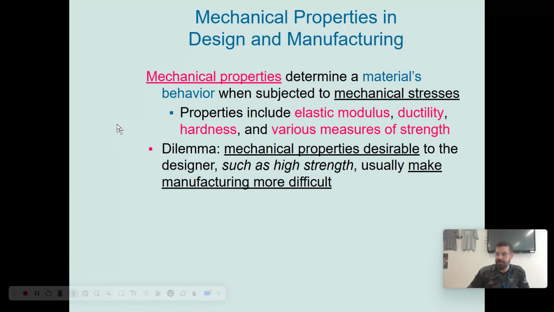You want something to get into a specific shape, and you want it to maintain that shape and not get dented, not get pulled out of shape, not get ripped, not get torn. You want it to be a strong material. Well, the very fact that you want it to be strong is what makes it hard to manufacture, because if it's hard to change to get into the shape you want, whether by cutting it or pounding it, that's also going to make it hard to get into that shape in the first place, right?